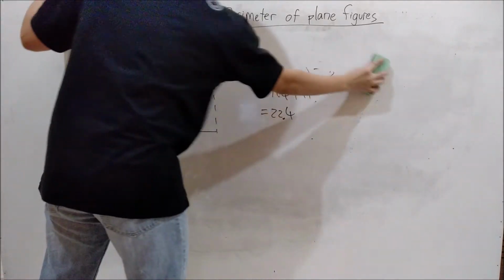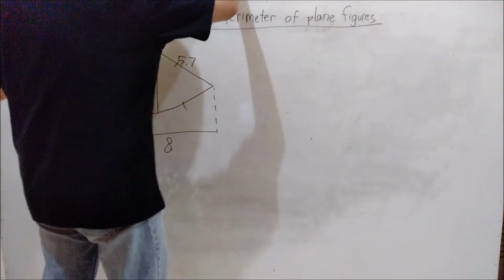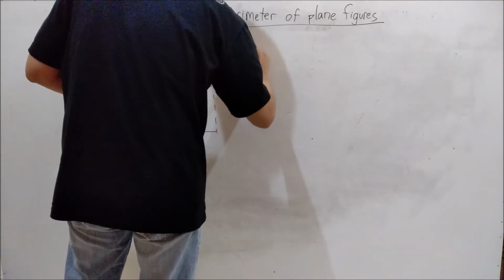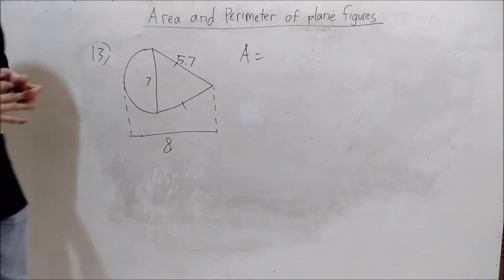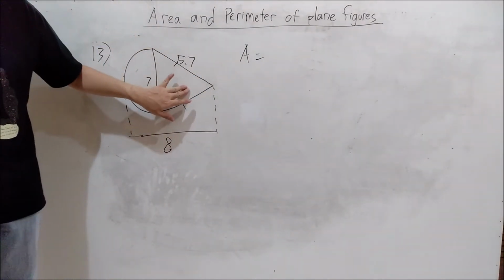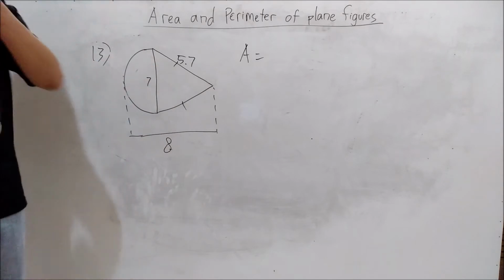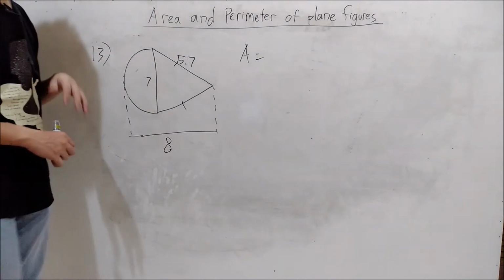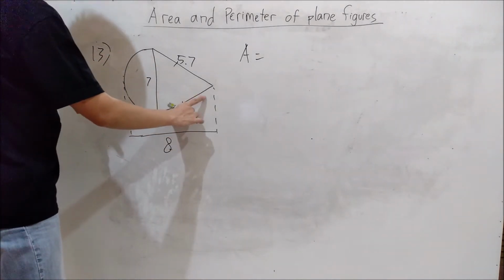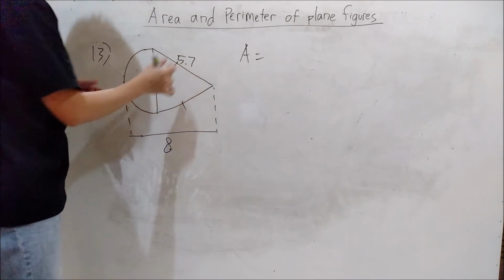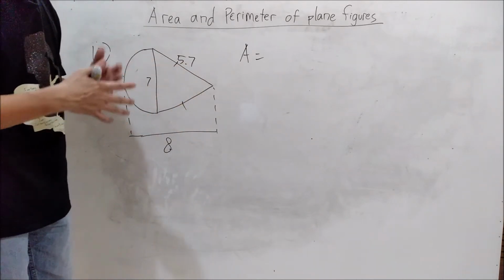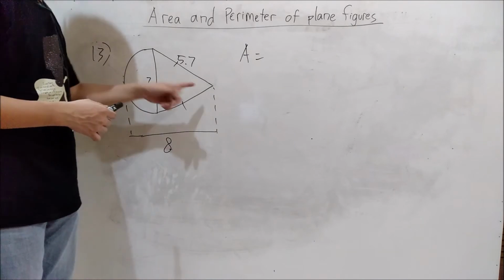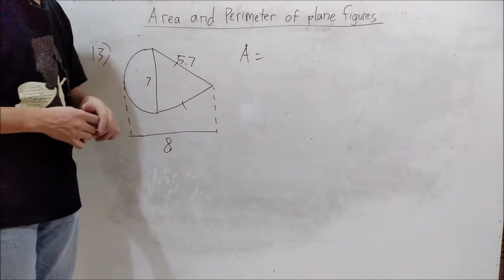Let's move on with the area. The area of the figure: you will add up the semicircle and the triangle. If you see from the picture, you might think that the base is 5.7 and the height is 5.7. Well, that's not the case here, because it doesn't give you the perpendicular, so you cannot say that.